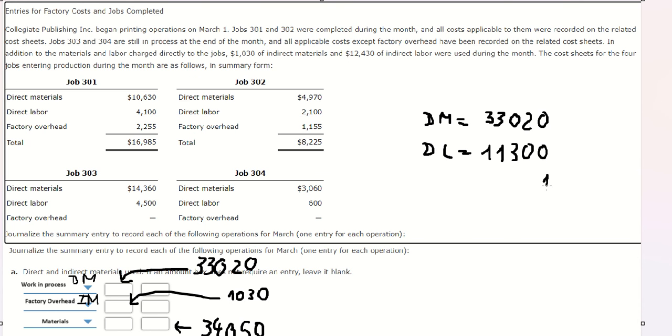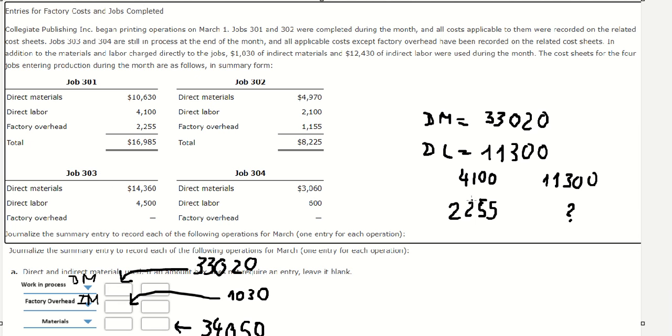So we have the total. We select this one. Now we want to find how much factory overhead based on the rate of the direct labor.